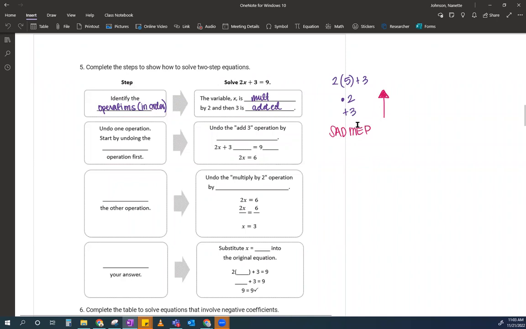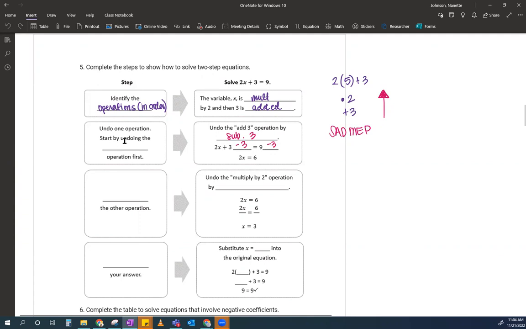So we're going to do this, and we're going to undo the addition by subtracting. Oops, I should use the other color because I'm using that to undo things. Subtracting 3. So we're going to subtract 3 from both sides. And then here we get 2x plus 3 minus 3 is 2x. 9 minus 3 is 6.